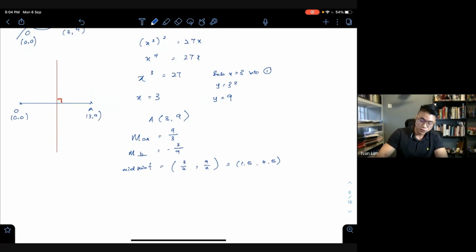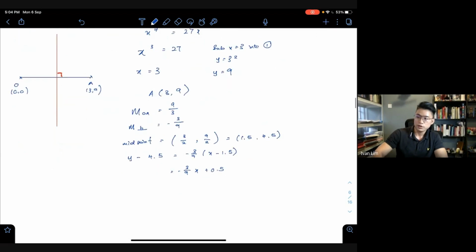Once we have this, we just substitute it into y minus y1 equals m times x minus x1. So y minus 4.5 equals -3 over 9 times x minus 1.5, which will give you -3 over 9x plus 0.5. In fact, if you leave it until here, you see the answer scheme, they also give you full marks already.